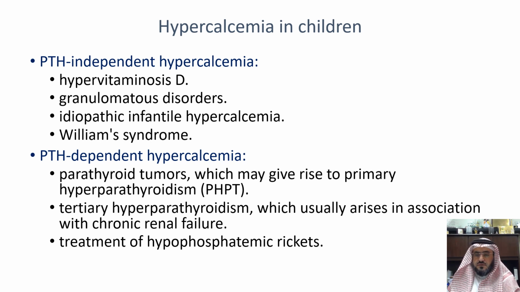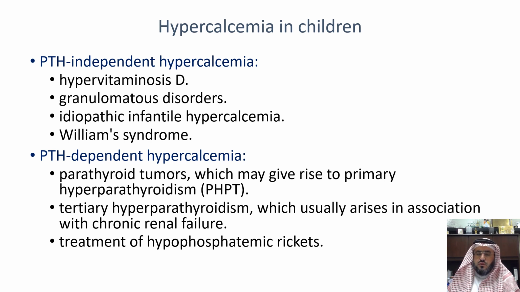That means we don't find high parathyroid hormone. There are good causes in this category. Number one, high vitamin D level, or granulomatous disorders, or idiopathic infantile hypercalcemia, or Williams syndrome.